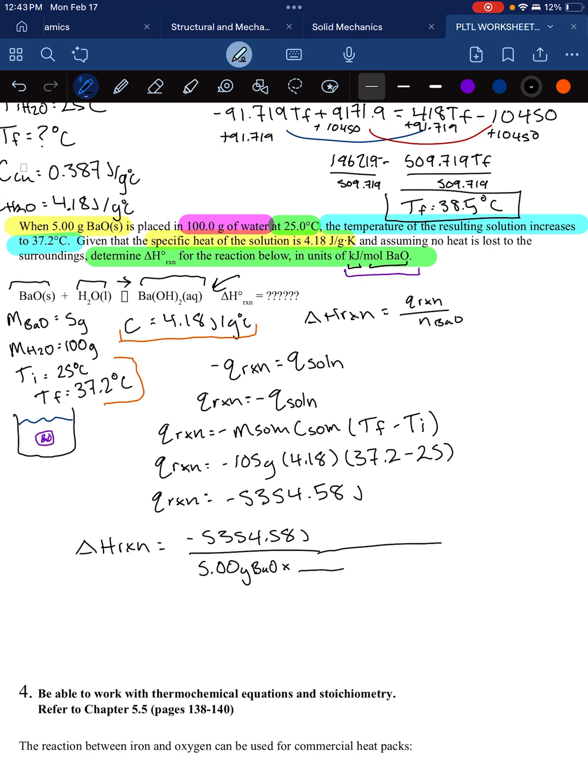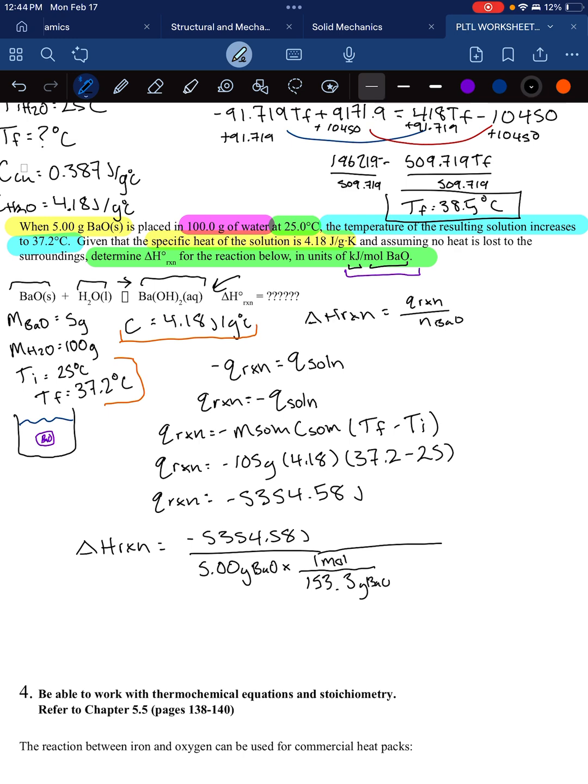So let's do that real quick. The molar mass of barium oxide, BaO, is 153.3 grams per 1 mole. And I don't know what that comes out to. But if you do that stoichiometry, you divide it by our heat flow, you're going to end up with negative 164.